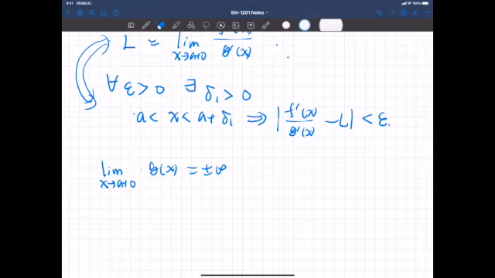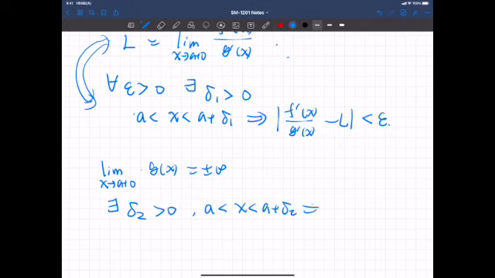So this means there exists some delta 2, positive and real, such that if x is between a and a plus delta 2, then the absolute value of g of x is greater than 1.